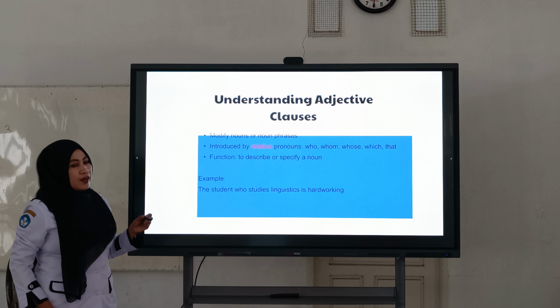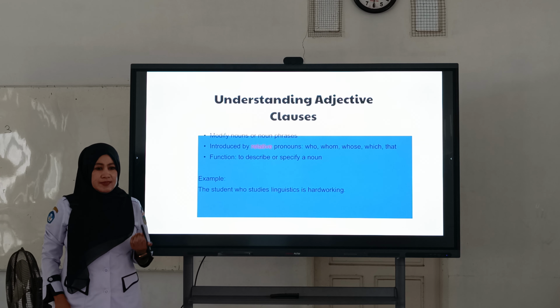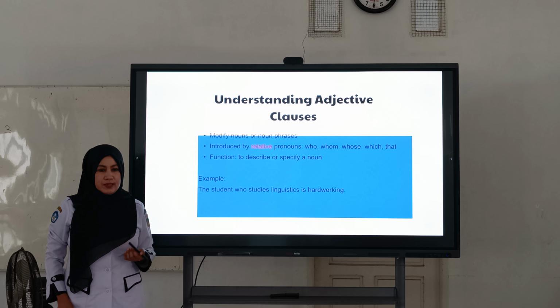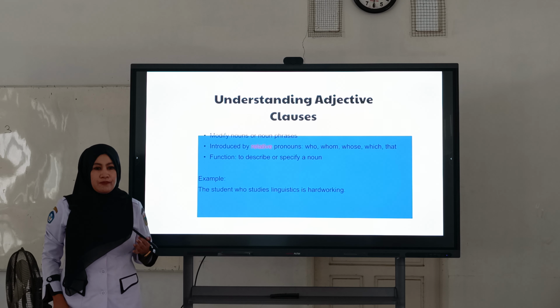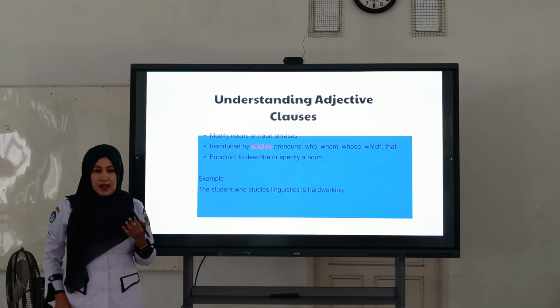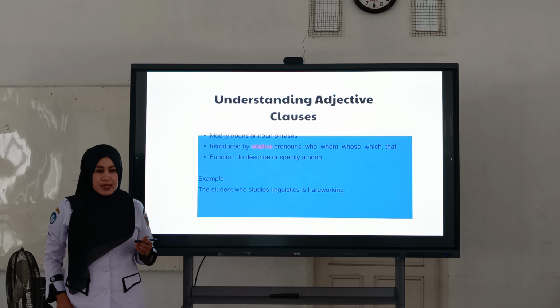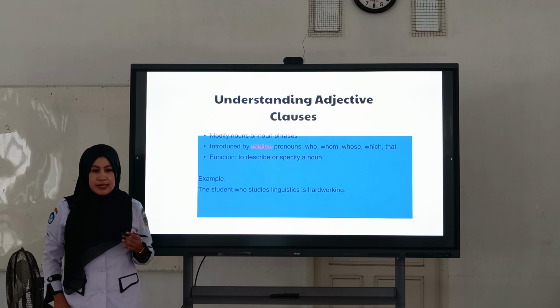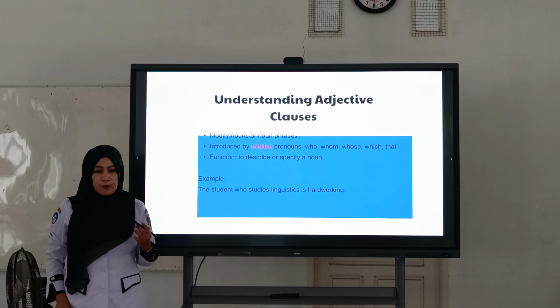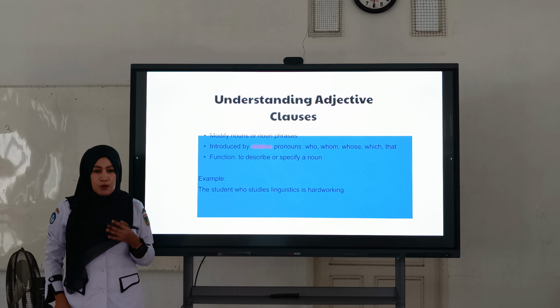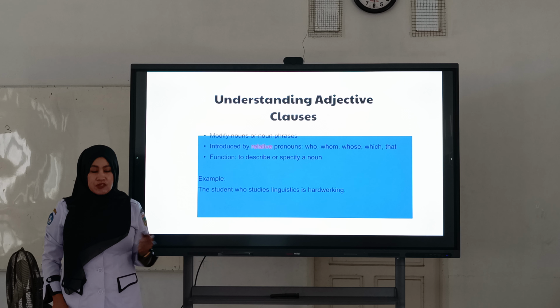Understanding adjective clauses. Next, let's move to adjective clauses, also known as relative clauses. An adjective clause modifies a noun by giving additional or identifying information about it. These clauses are usually introduced by relative pronouns such as who, whom, whose, which, or that.